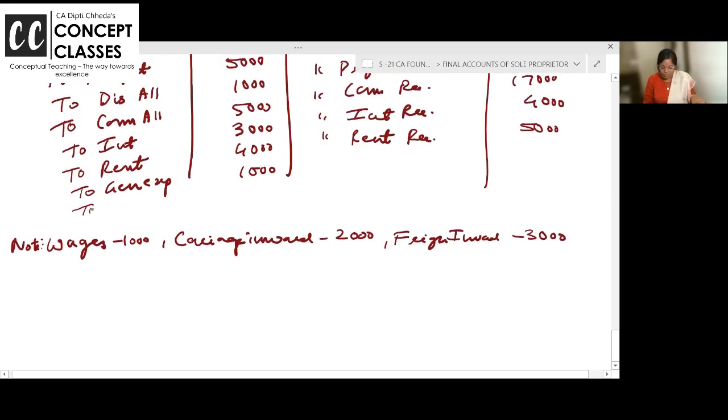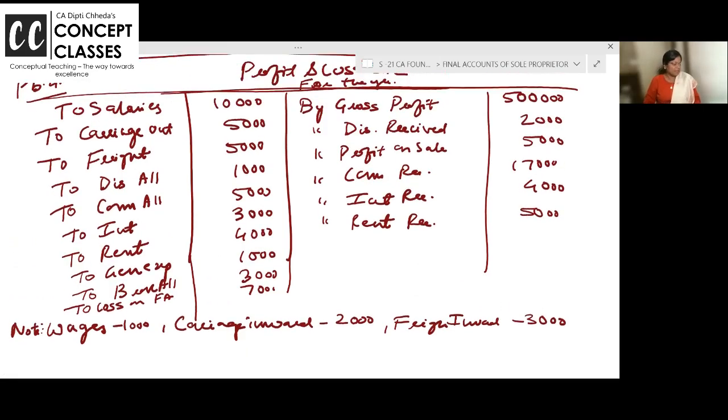Brokerage allowed. It's your expense. You know, you can pay brokerage to someone. Loss. Whenever you sell an asset, if there is a loss, it will come on the debit side. Loss on sale of fixed assets on the debit side. That's it. Profit तो हमने credit किया. Profit on sale of fixed assets, credit किया हमने. चलो total करो कितना आ रहा है. How much is the net profit?